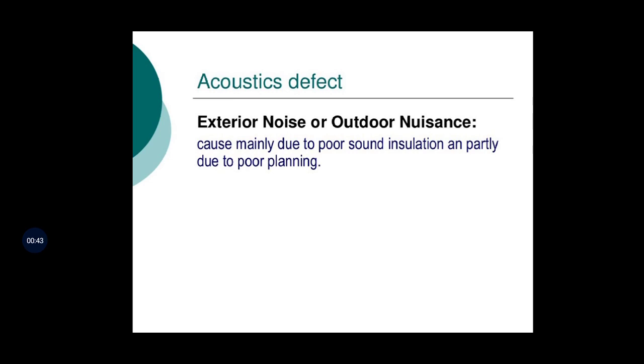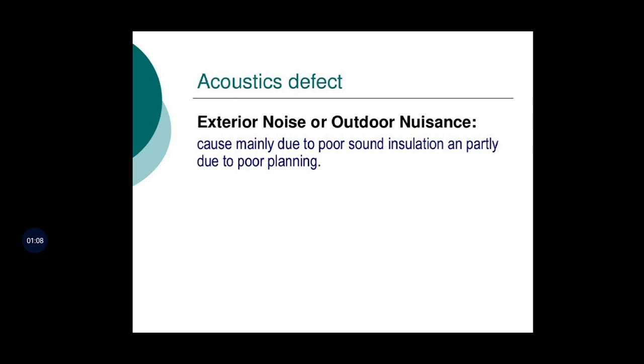Now we start ahead. One more acoustical defect is exterior noise or outdoor noise. This defect is caused mainly due to poor sound insulation and partly due to poor planning, and this results in bad acoustics.